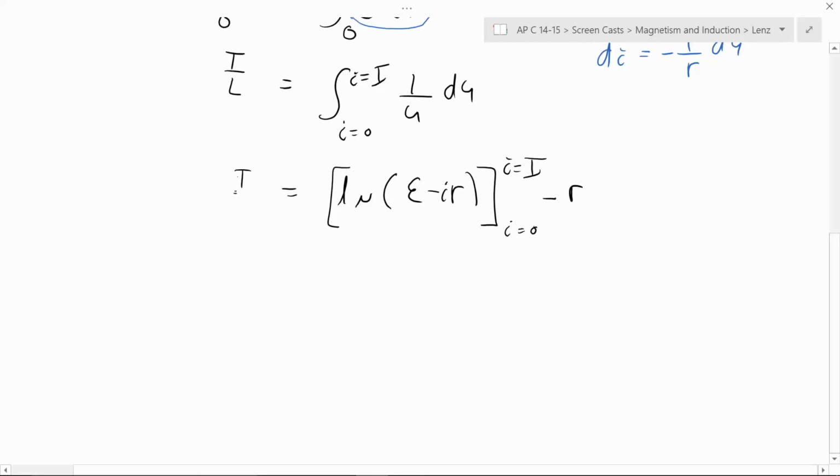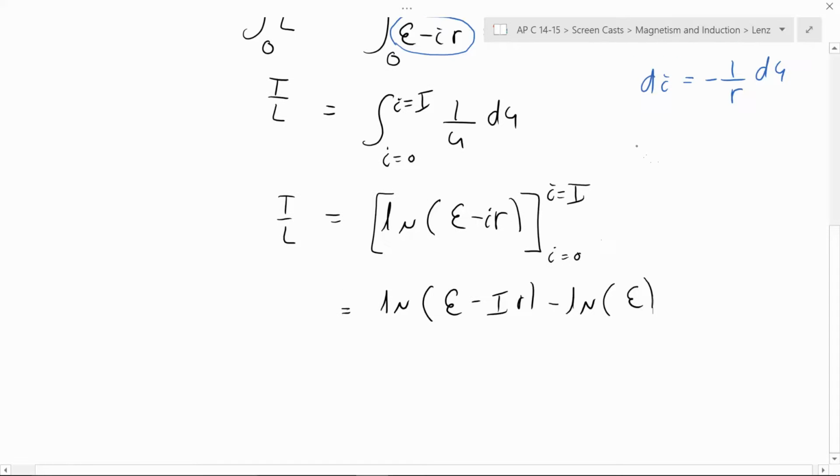So, okay, T over L. So this winds up being the ln of E minus capital IR minus the ln of E minus 0 times R, or E. I'm also going to bring over this negative R.